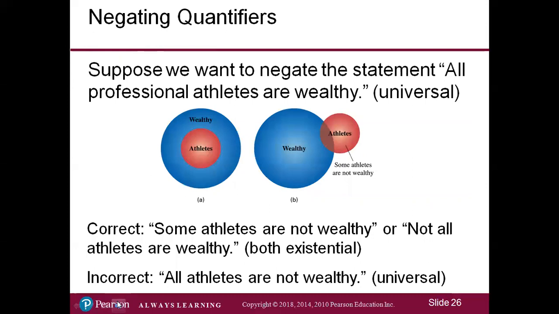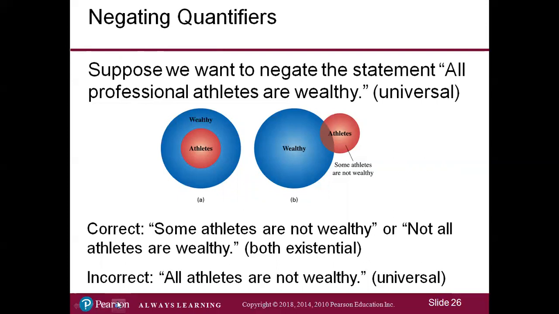Negating quantifiers. Suppose we want to negate the statement, all professional athletes are wealthy. The word all indicates this is a universal quantifier. These Euler diagrams are showing us the group of wealthy individuals, and in A, we see that all athletes fall inside of the group of wealthy individuals.